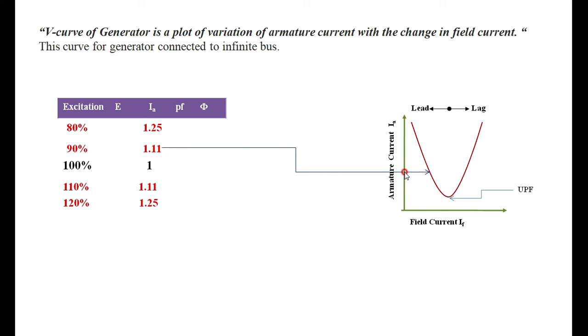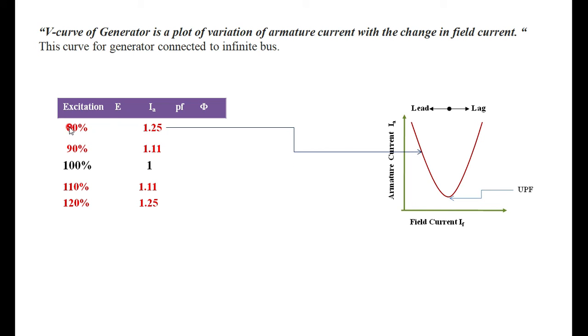The armature current will be 1.11. Therefore, this is the point you are getting. The next point you are getting, if you are further reducing the excitation, is somewhere here, and the corresponding value of the current is 1.25 units, and this is 80%.